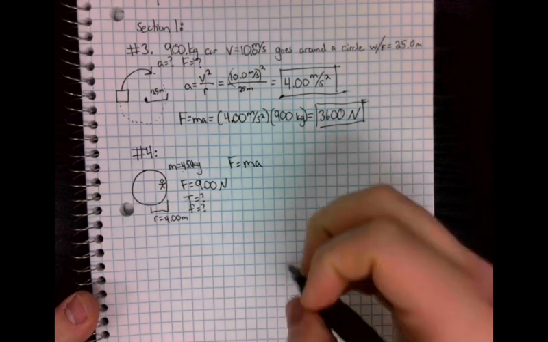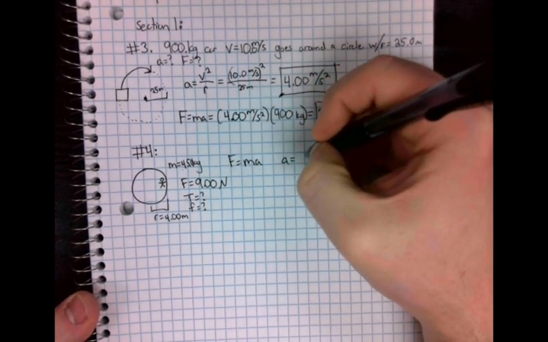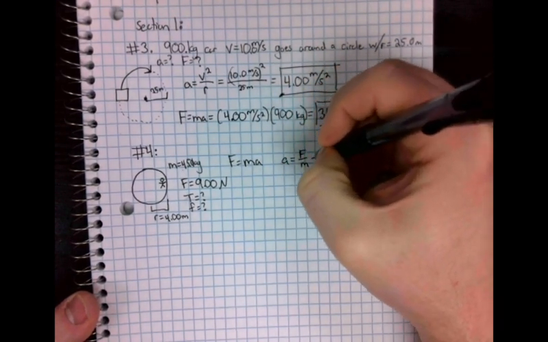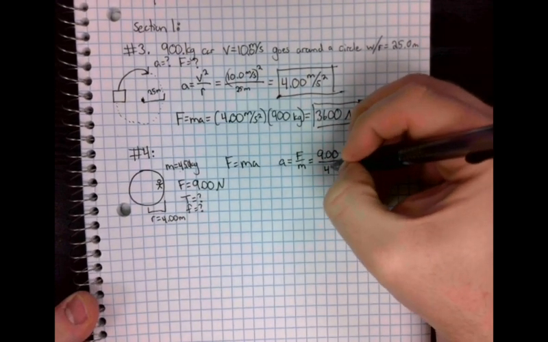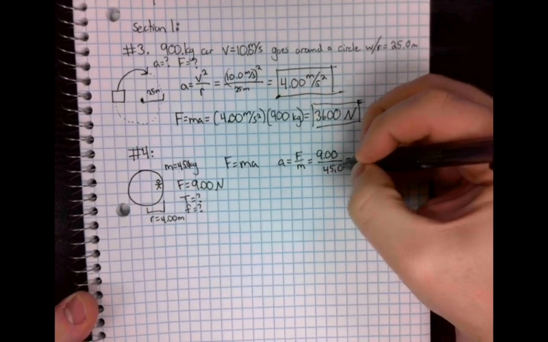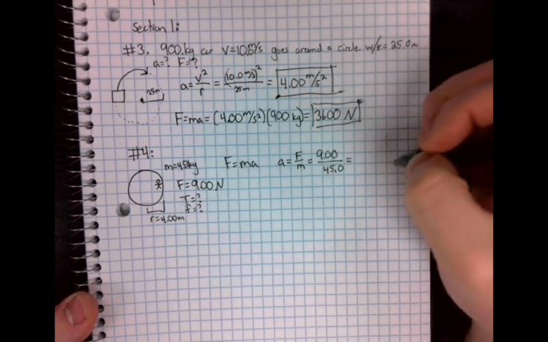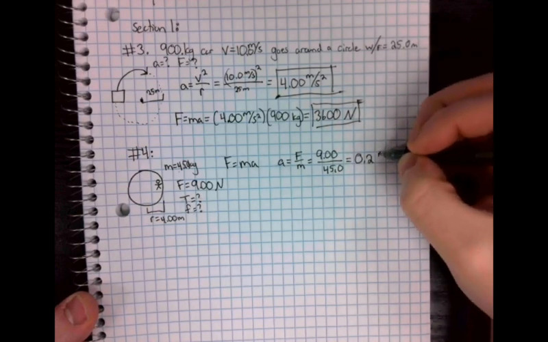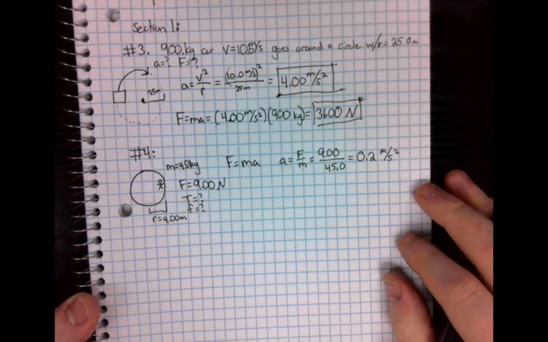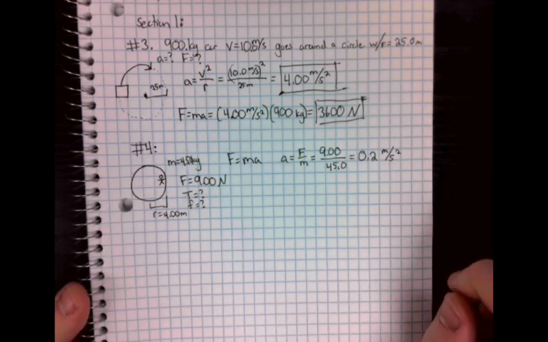So if F equals ma, we want to find our acceleration. Our acceleration is equal to our force divided by our mass. Our force is 9.00. Our mass is 45. This one's actually pretty straightforward. 9 over 45, that's 1/5, or 0.2 meters per second squared. So that's our acceleration.